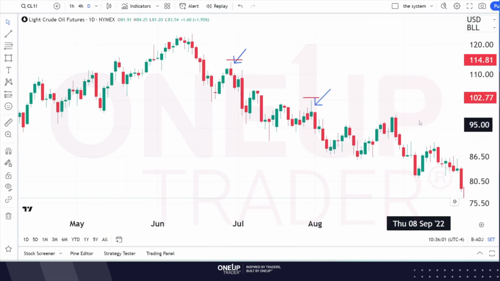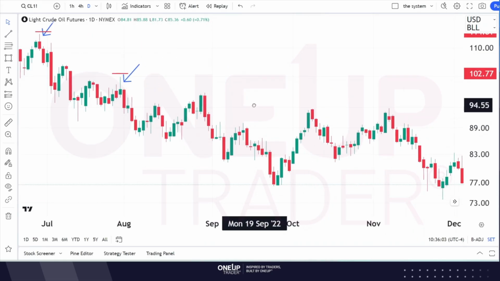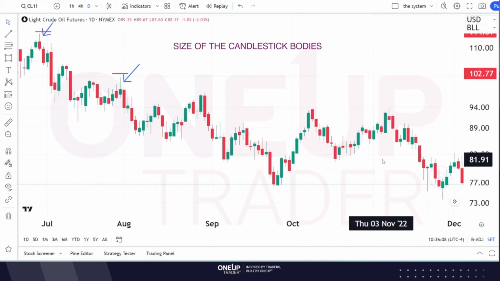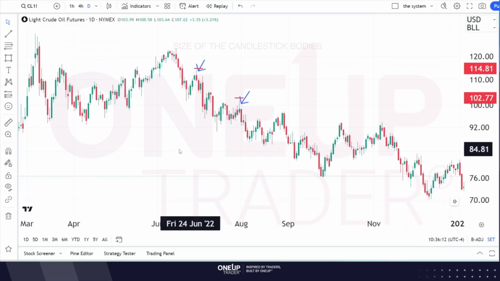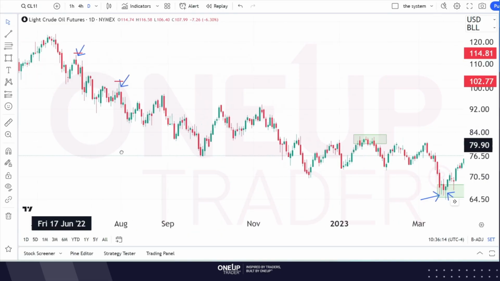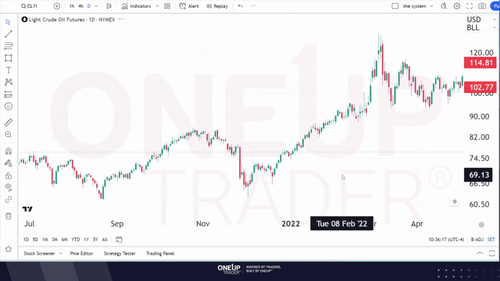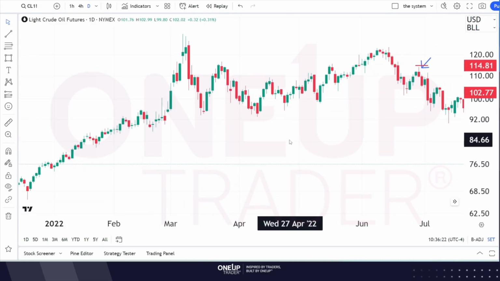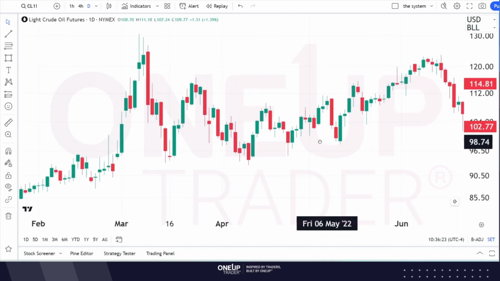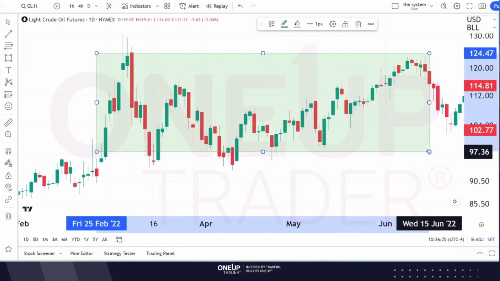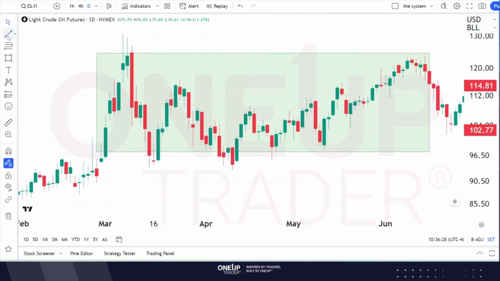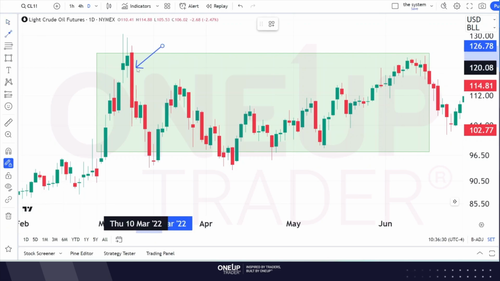The next thing we can look at is the size of the actual bodies and the general size of the candlestick itself. In a range-bound market, we are going to see candlesticks that have varied sizes. A really good example is right here, where we see a large number of candles.